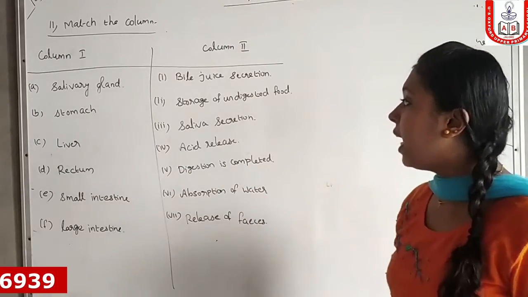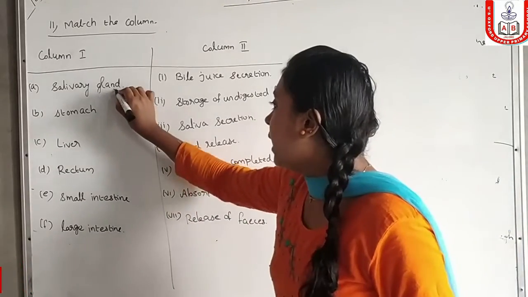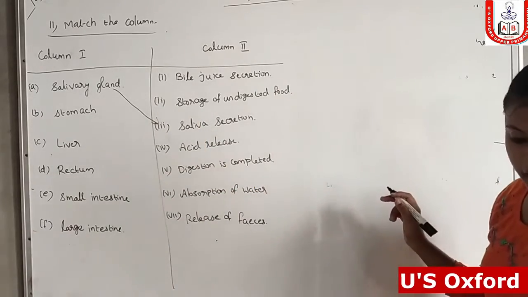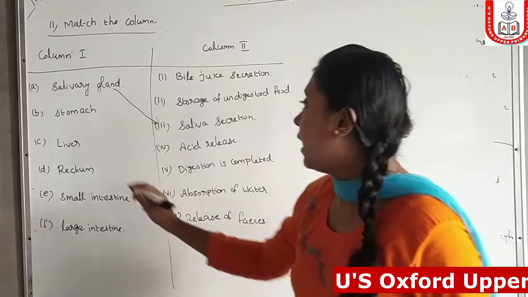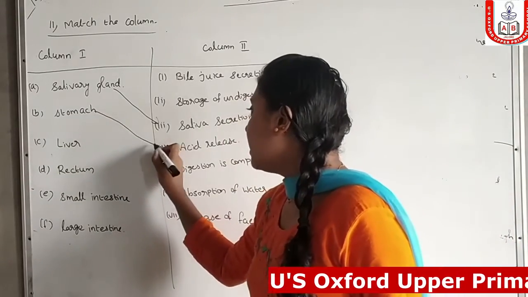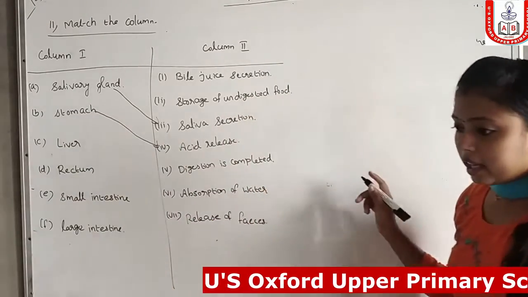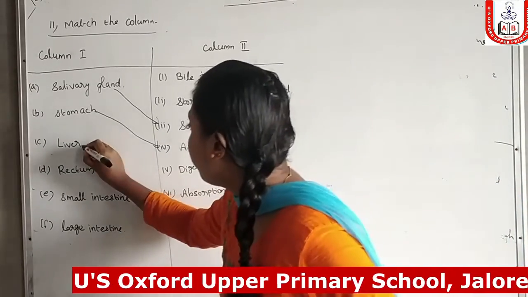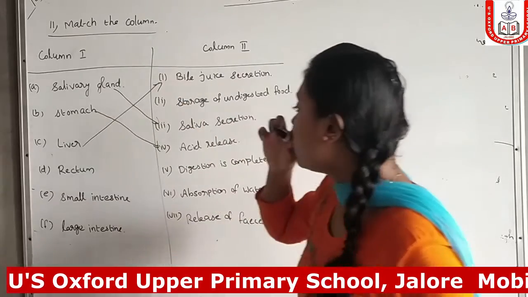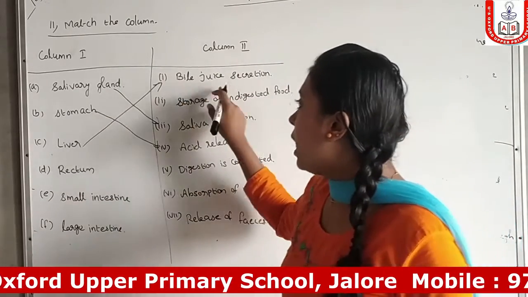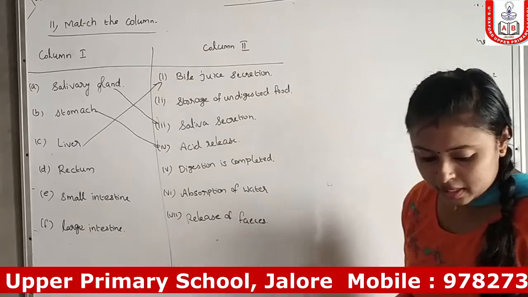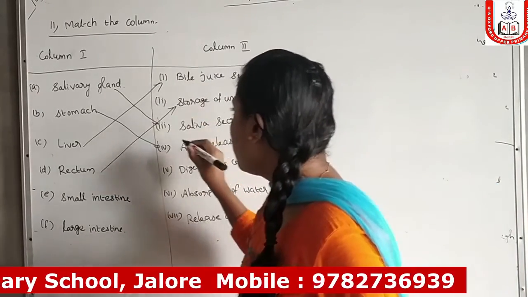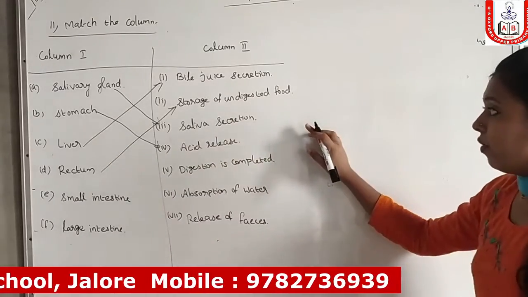First one, salivary gland: saliva secretion. Next, stomach: acid release. Next one, liver: bile juice secretion. Next one, rectum: storage of undigested food.